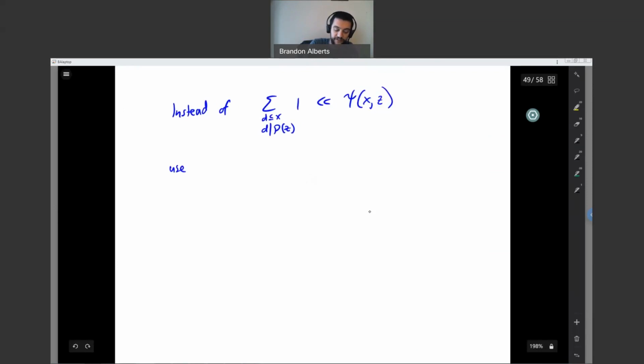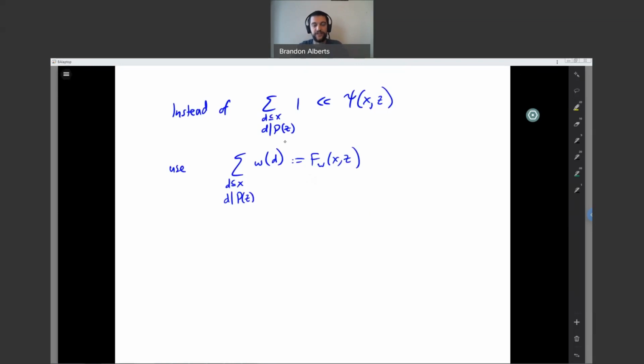Instead of this, the summation that's going to show up in the proof will look like this. So instead of summing up ones, you're summing up this number of bad residue classes modulo d. So this is why we needed a bit of control on how bad these bad residue classes got. That's the main difference, though.